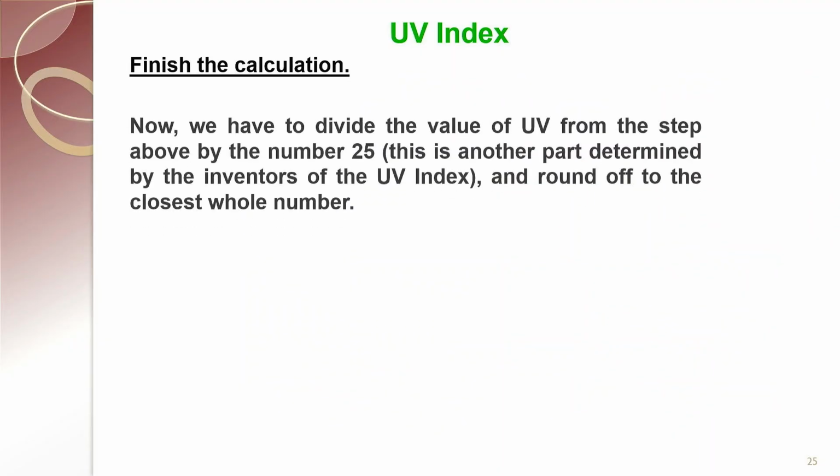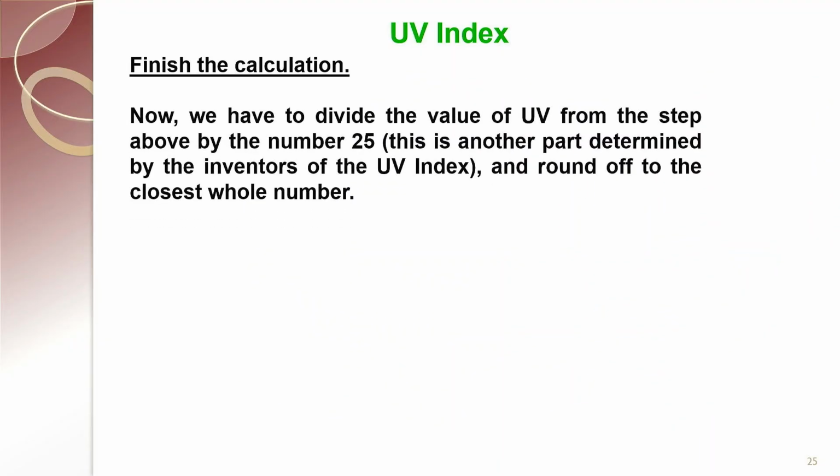Now, to finish the calculation, we finally have to multiply by 0.04, or divide by the number 25. So, we divide the total UV value from the above step by 25.